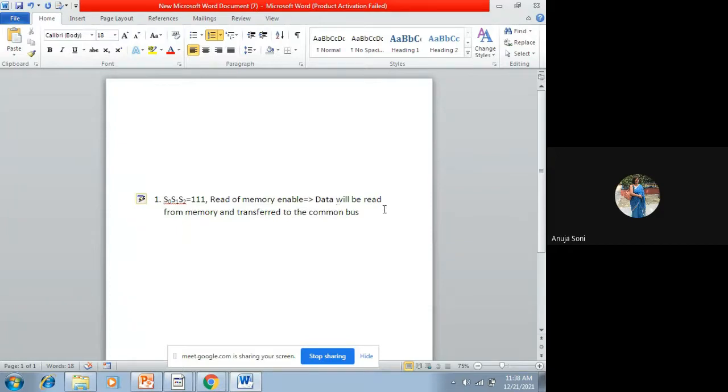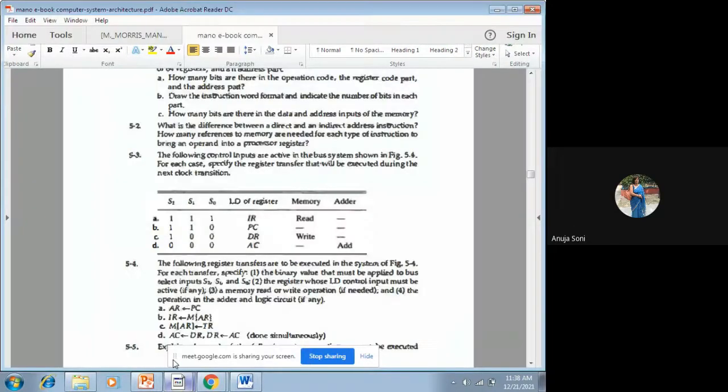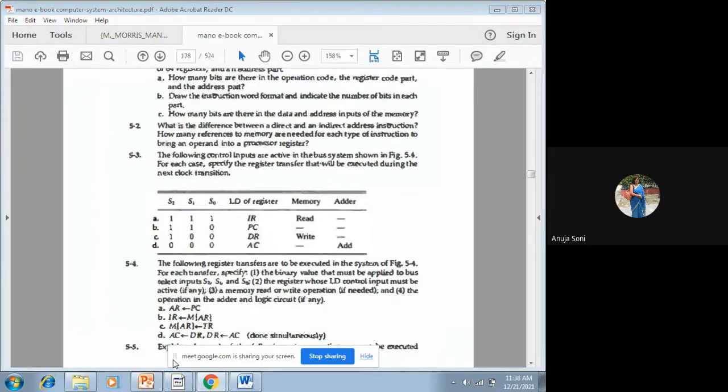Now data has come to the common bus. What will happen second? In the second step, now next is written. What is written in your statement? Parallelly, it is written load of register. Which register? The load of which register is enabled? It is of the IR register.